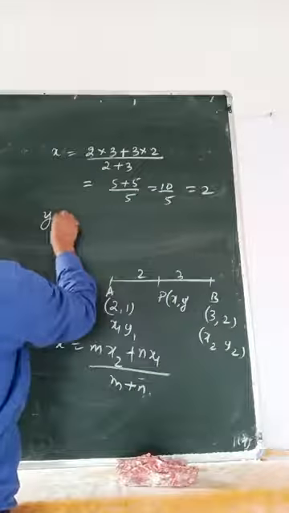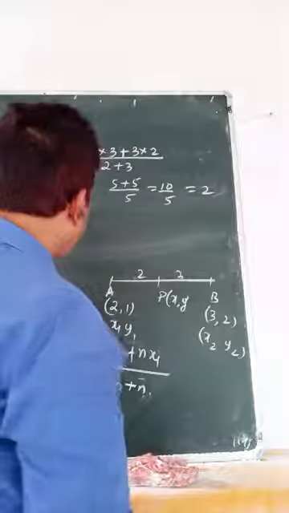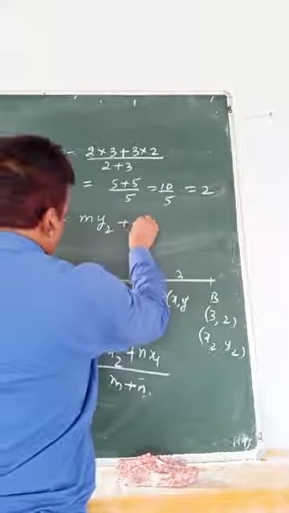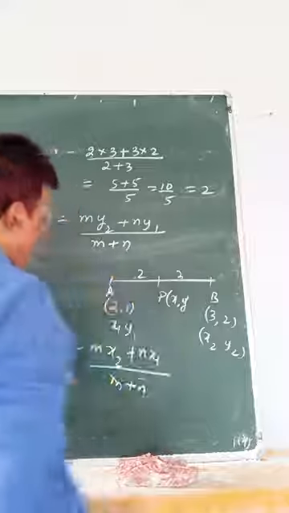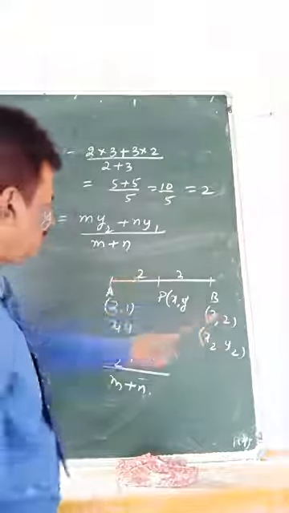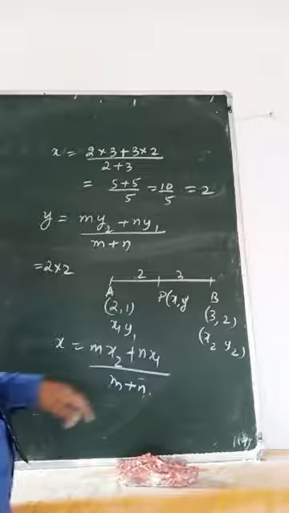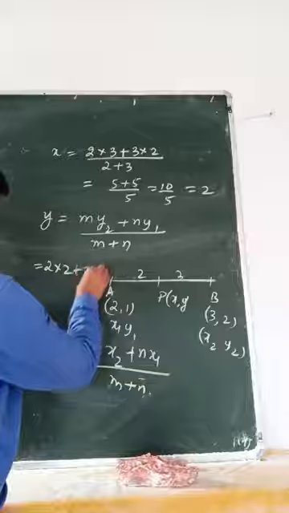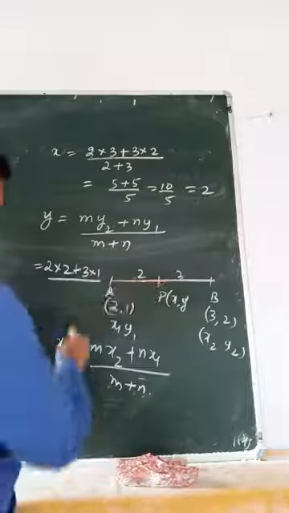Y is (my2 plus ny1) by (m plus n). So m y2, that is 2 into 2, plus 3 into 1, by m plus n, 2 plus 3.